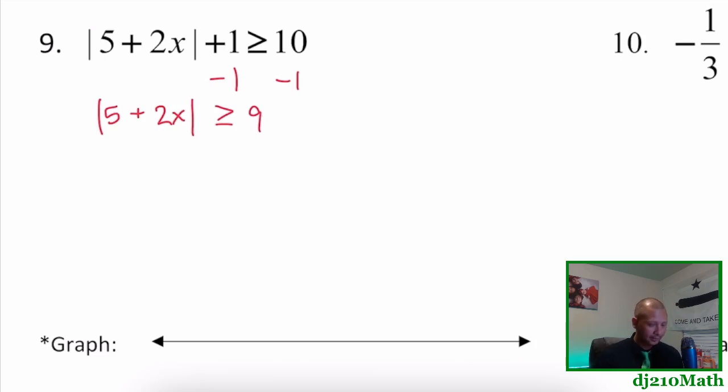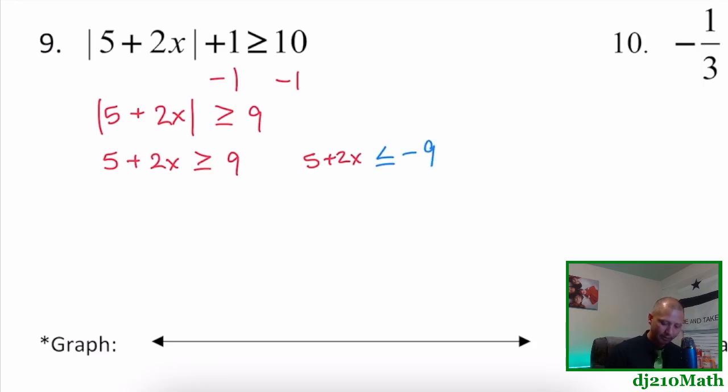All right, it's isolated, it's positive, so we can split this into 2. 5 plus 2x greater than or equal to 9. 5 plus 2x less than or equal to, because we always flip the sign, that's part of the process, and make it negative, negative 9.